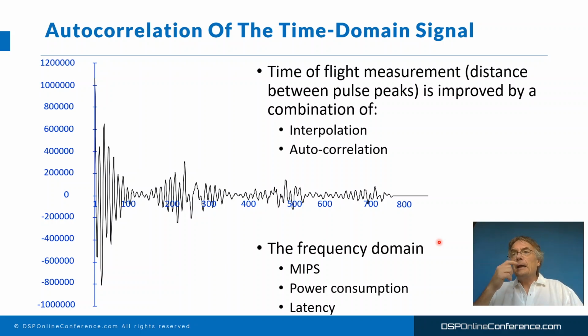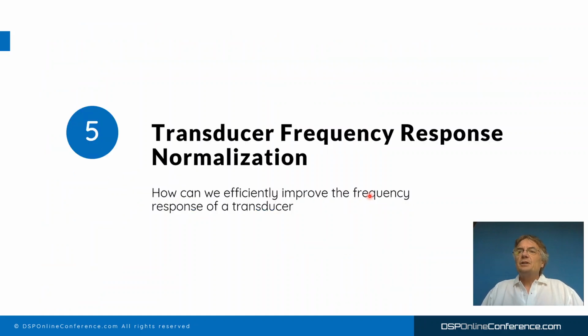This is actually a diagram of the output cross-correlated data with the primary pulse cross-correlation and the secondary reverberations being shown. Okay, so that's autocorrelation and time domain interpolation.